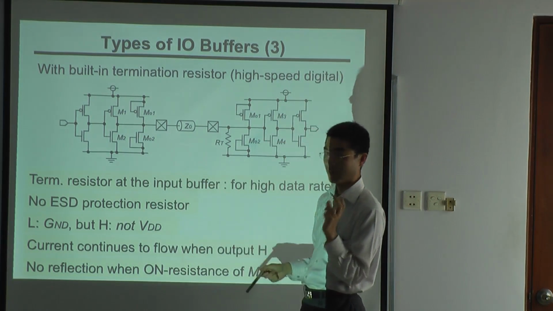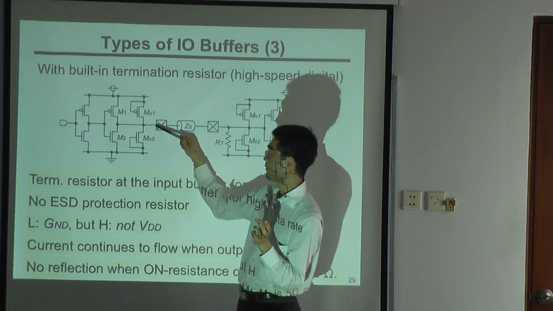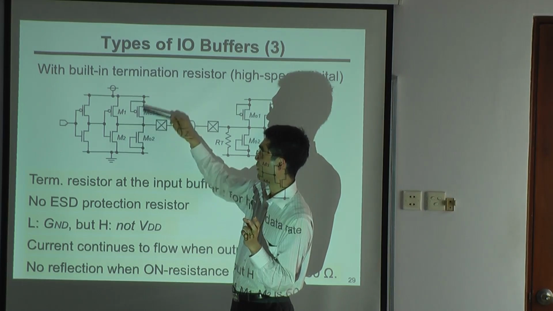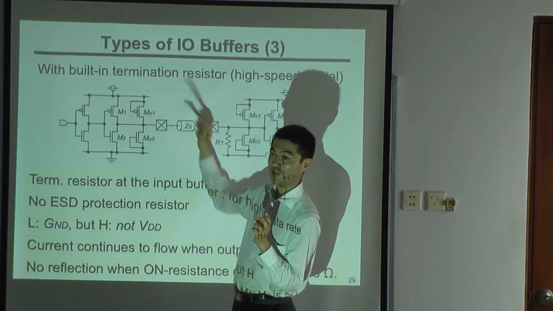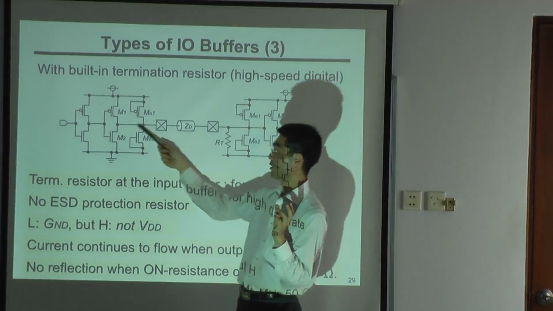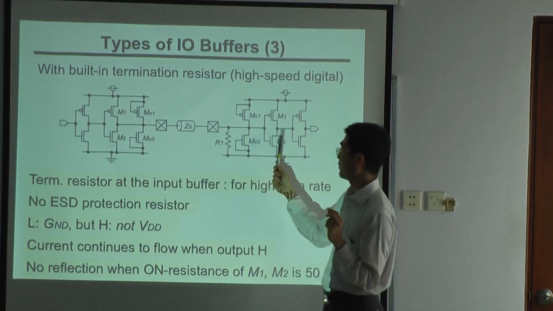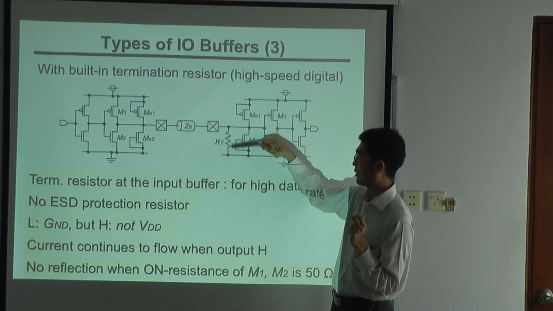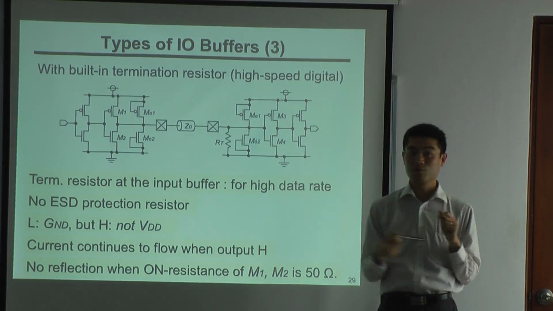So for high speed, we remove ESD protection. Here we put only off transistors. We remove the resistance because this is strong. And for the input buffer, usually it is weak, but we have termination resistance and it works as protection.